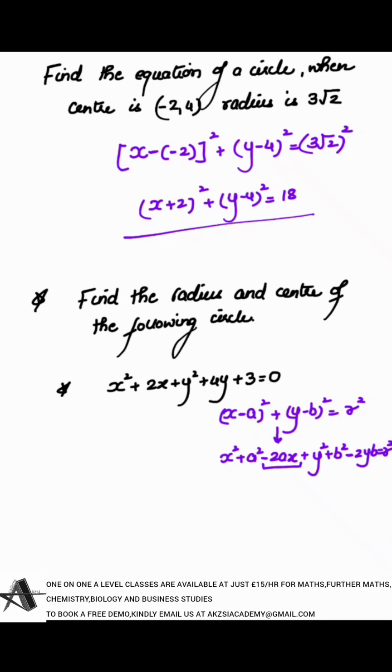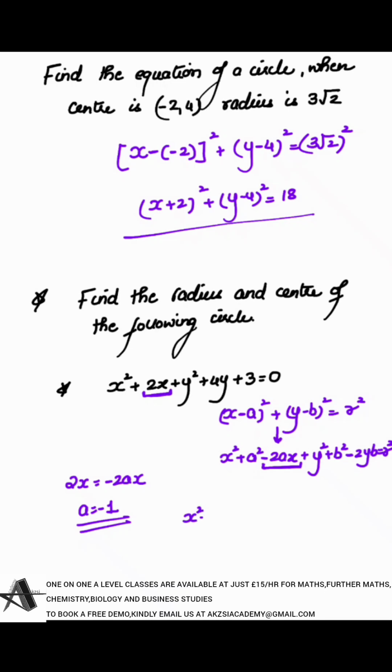Comparing the coefficient of x here will give me a way to solve it. So when comparing, I'll get a as negative 1. If a is negative 1, that means a squared is going to be 1. So I need to add it here.